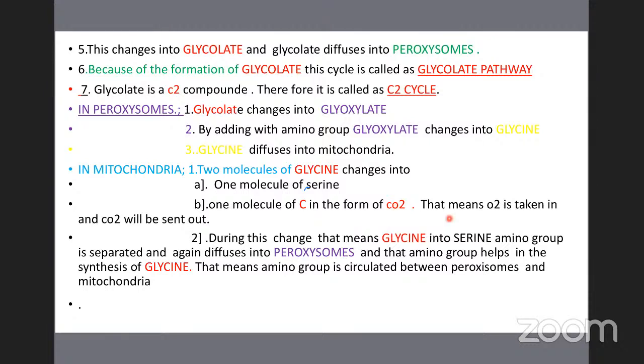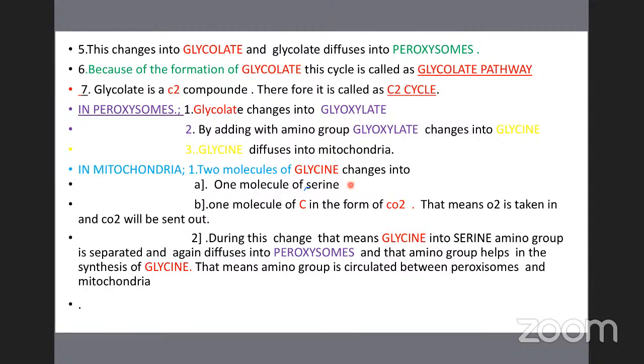That means O2 is taken in photorespiration, and CO2 is sent out. This was proved. And during this change, glycine changes into serine.